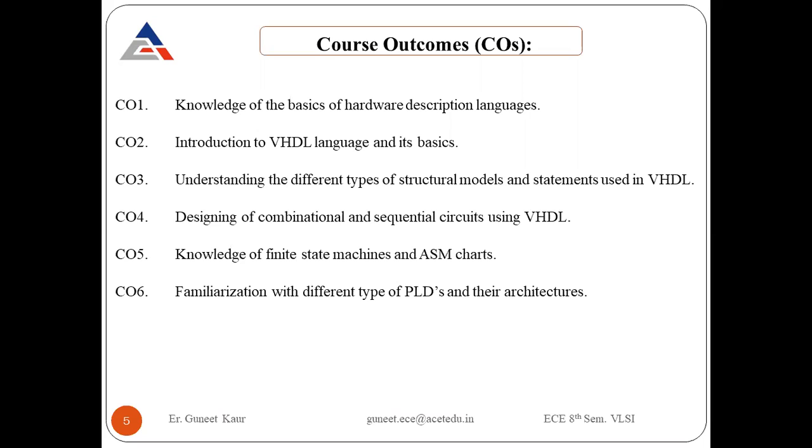Now the course outcome 4, that is designing of combinational and sequential circuits using VHDL. As I've already discussed with you, you have already learned about the combinational and sequential circuits in your DCLD, that is digital circuit and logic design. Combinational circuits are those circuits having no feedback.